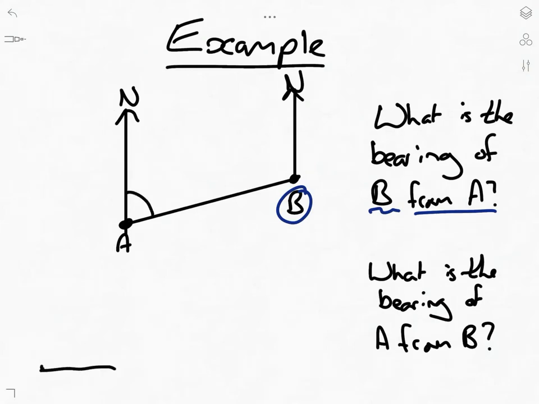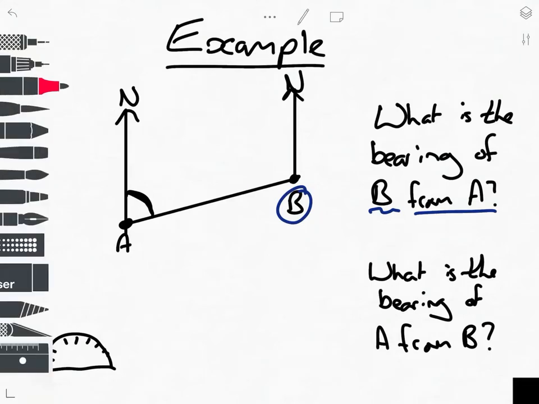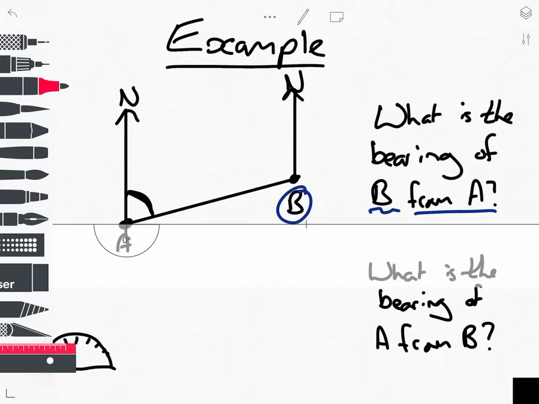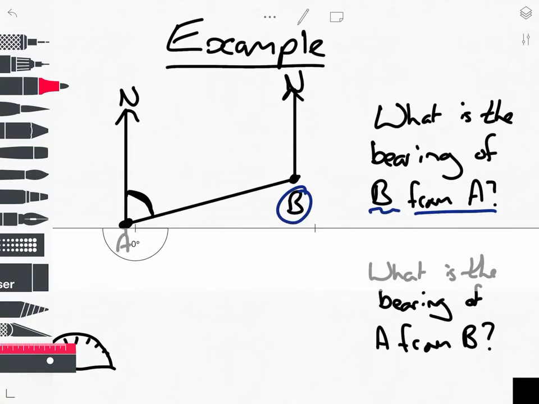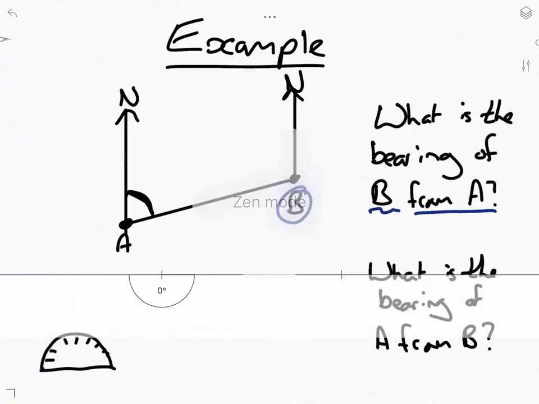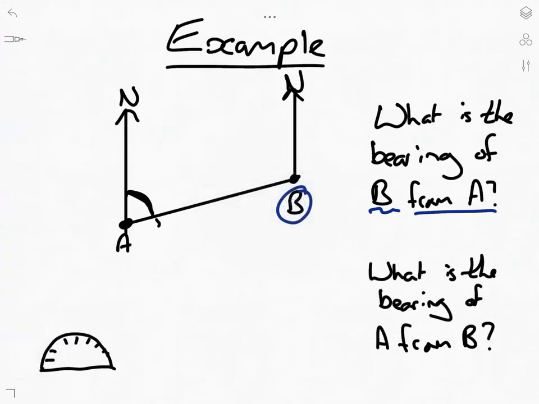If you're at home, you just get your protractor, this angle measurement thing, and you just put it on this angle and measure it. I can't do that, so I'm going to have to use this thing and try and figure it out. That's about 15 degrees for this little bit here. So that means that this is 75 degrees.